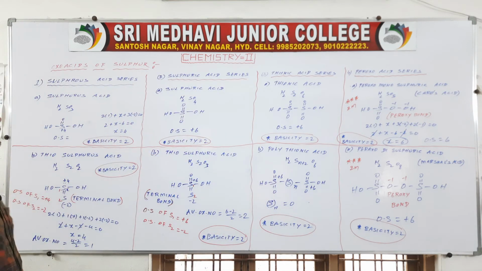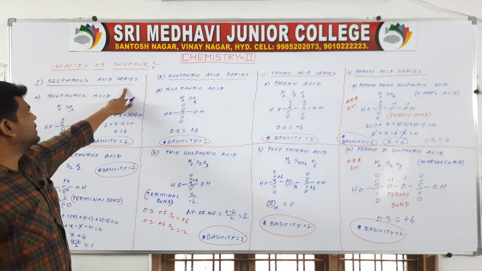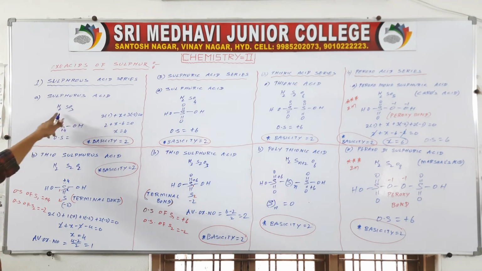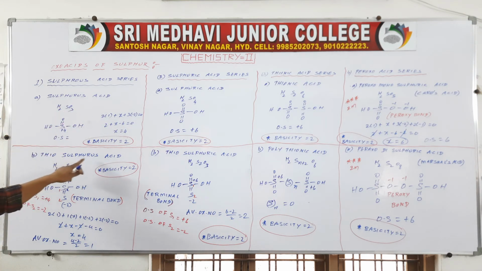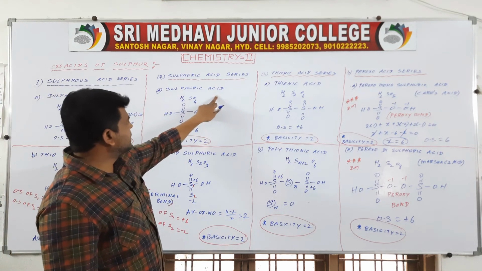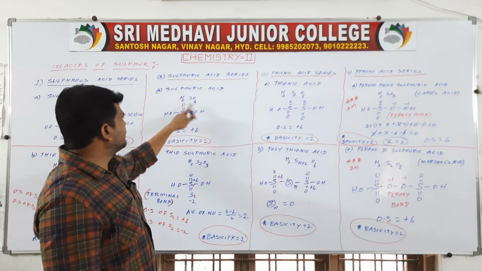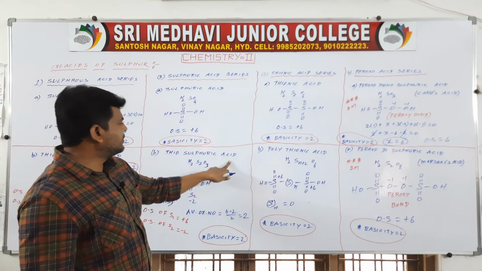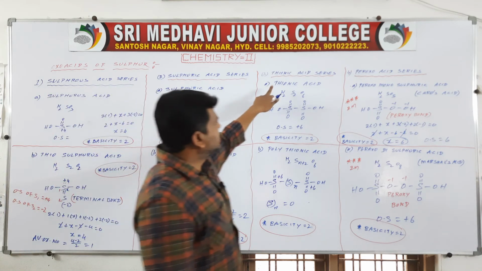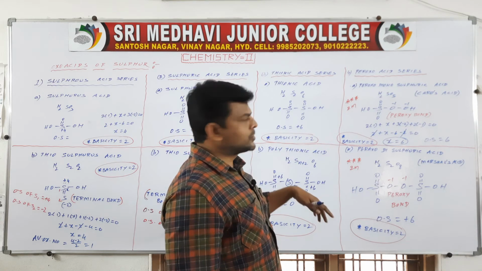This is the way we are discussing the oxo acids of sulfur series. Sulfurous acid series contains 2 acids: sulfurous acid H2SO3, thiosulfurous acid H2S2O2. Sulfuric acid series: sulfuric acid H2SO4, thiosulfuric acid H2S2O3. Thionic acid H2S2O6, basicity is 2.